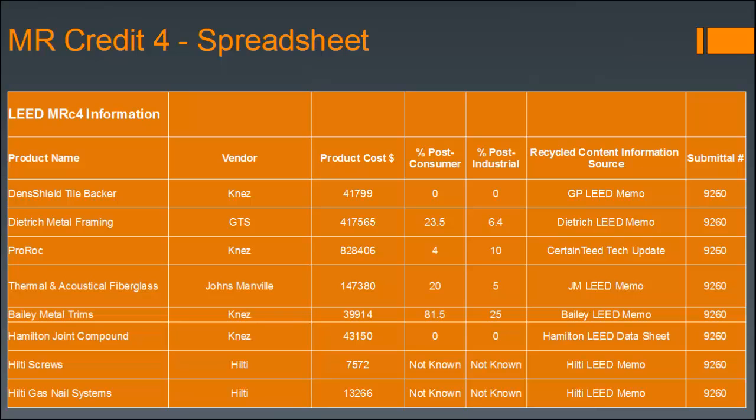So you have your product name, your vendor, your product costs, the post-consumer and post-industrial or pre-consumer recycled content, the information source, and it's important to have your submittal number so you can go back and verify it with your construction records. So once again, correlating to your master submittal log and your construction management process.